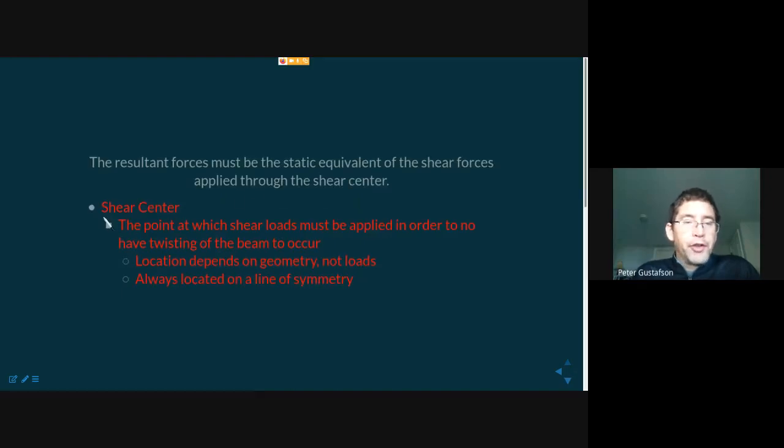The shear center is the point at which the shear loads must be applied in order to have no twisting of the beam occur. Again, this punchline says the location depends on the geometry, not the load. And hint, it always is located on a line of symmetry.